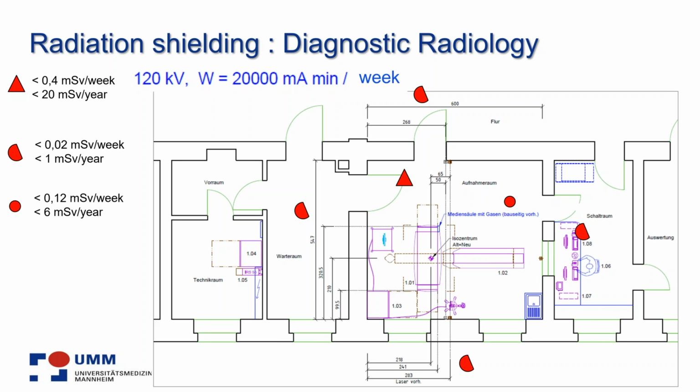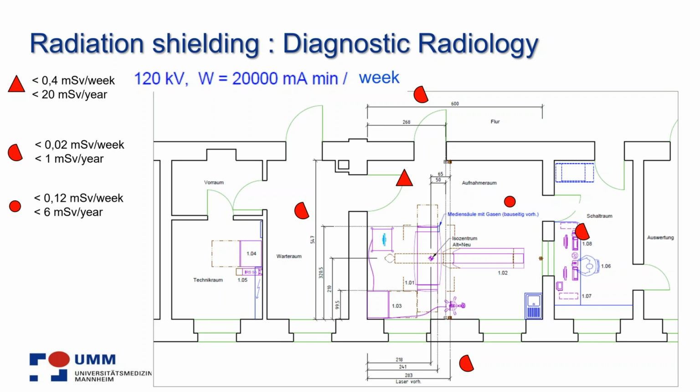And you can calculate by the given energy, because you see above it that the maximum energy of this computer scanner is 120 kV, and you see there is a workload of 20,000 milliamp-minutes per week.